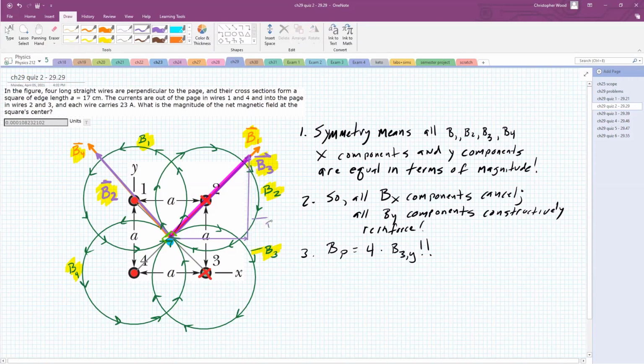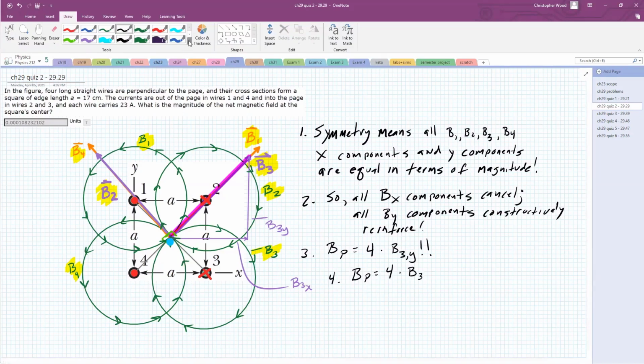So this is B3Y, and this is B3X. All of those X components collectively cancel. All of the Y components reinforce. So that's why number 3 looks good to me. Unless you guys see a mistake, and please don't delay in shouting out my mistake. So at point P, I'm going to take 4 times B3 times sine theta.